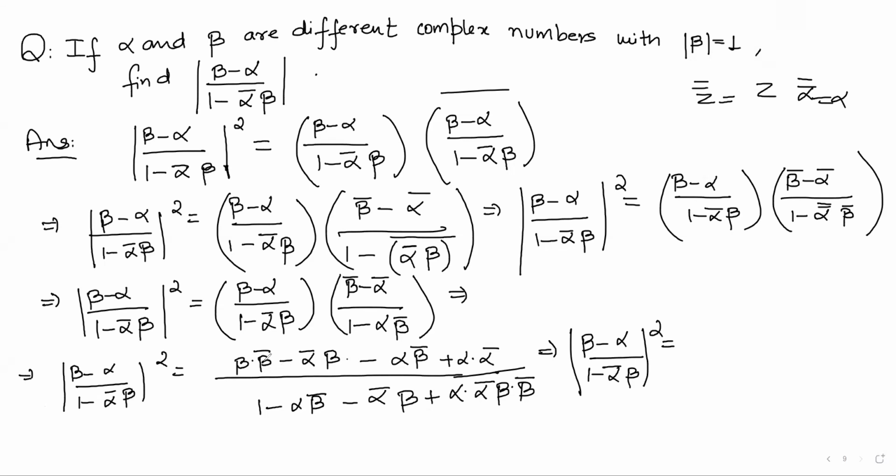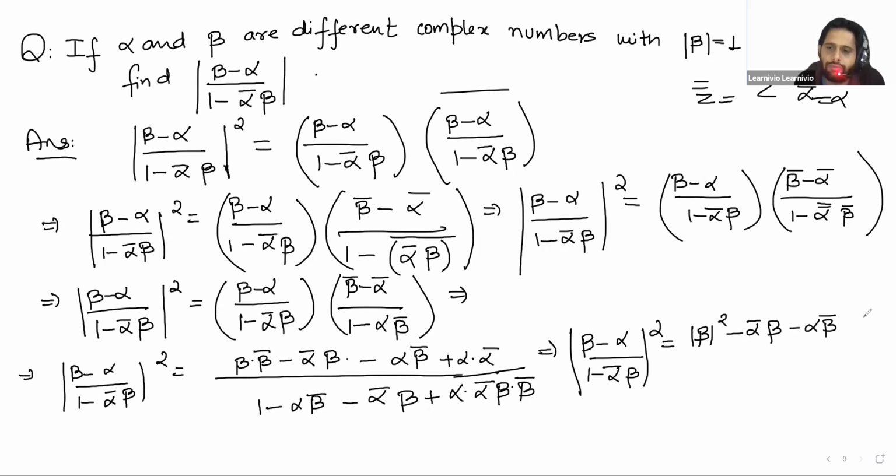So beta into beta conjugate, can we write it as modulus of beta whole square? Yes, sir. Okay, Safan, this clear? Yes. Minus alpha conjugate beta, this as it is, minus alpha beta conjugate, this as it is.